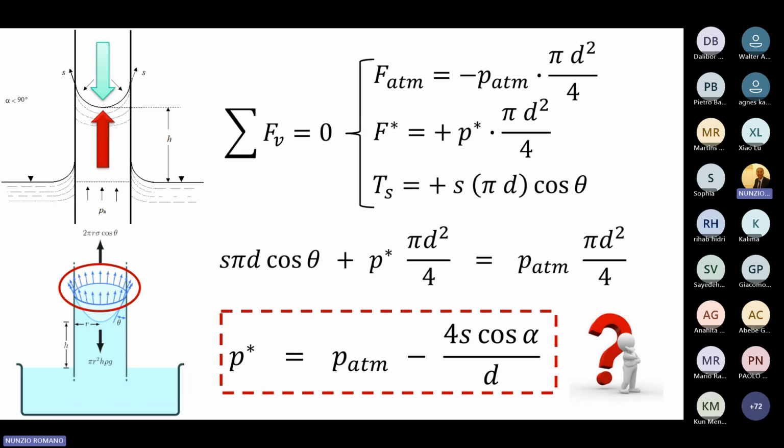So this equation tells us that the pressure just below the water meniscus is below the atmospheric pressure. So this means that there is a suction.